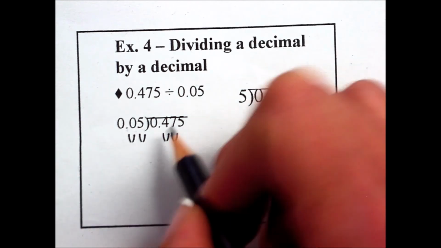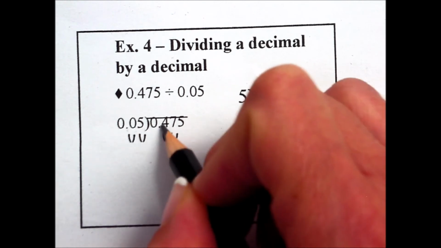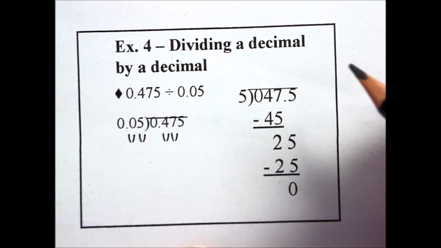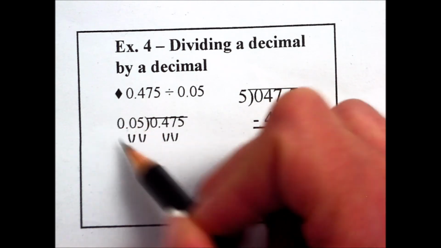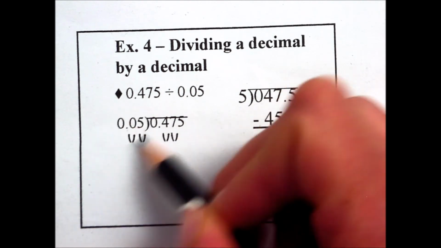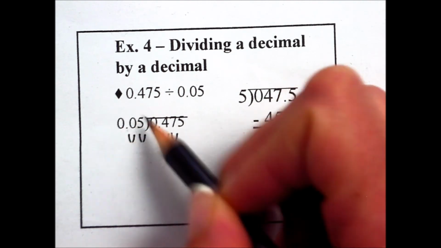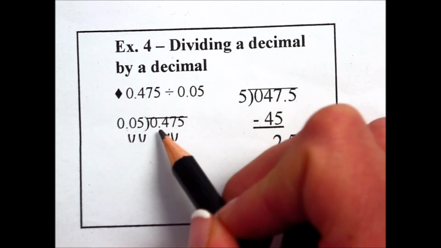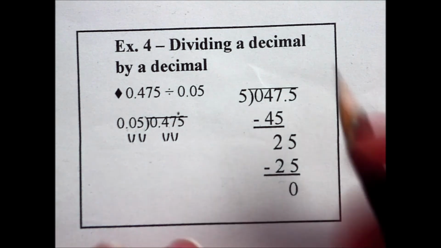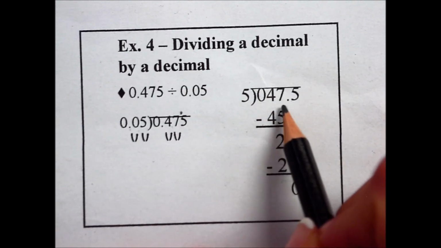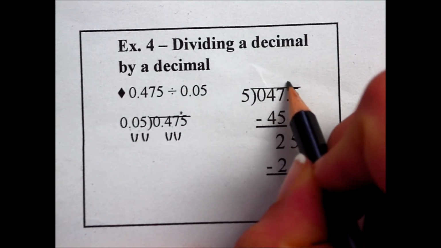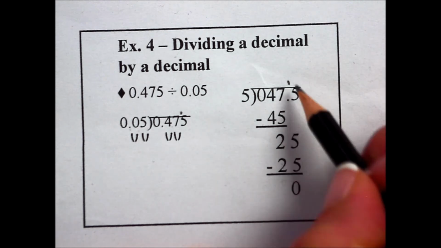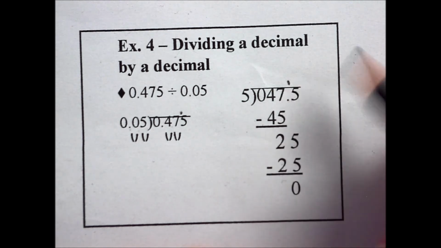Okay, I call it bump bump. What you do to the outside, you must also do the same thing to the inside. All right, it's very important not to have a decimal in your divisor. Sometimes it's easier to go ahead and rewrite your problem. Always start by putting your decimal in the quotient so that you don't forget it later on.